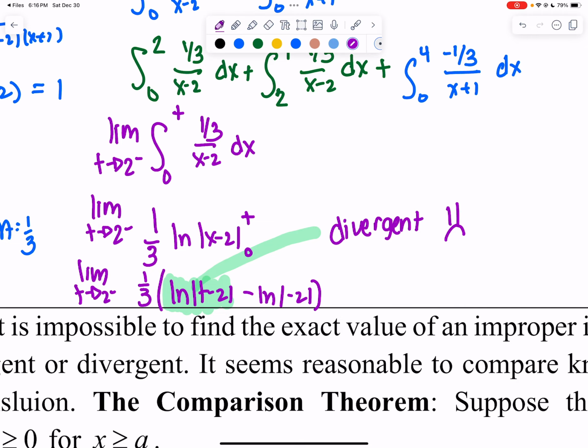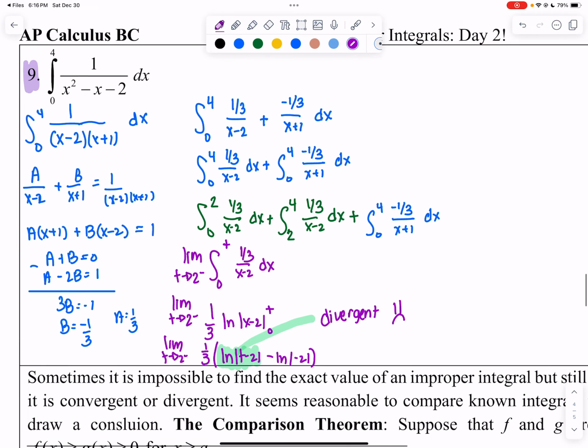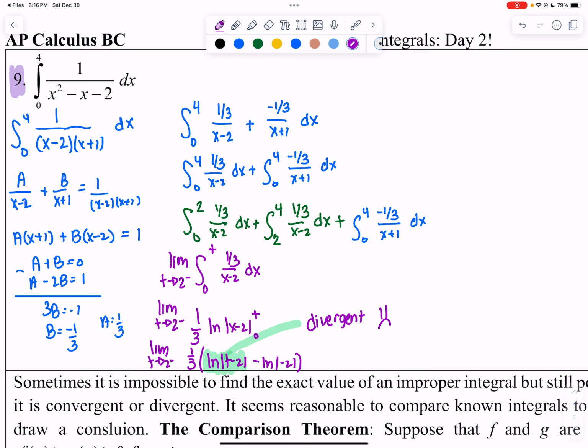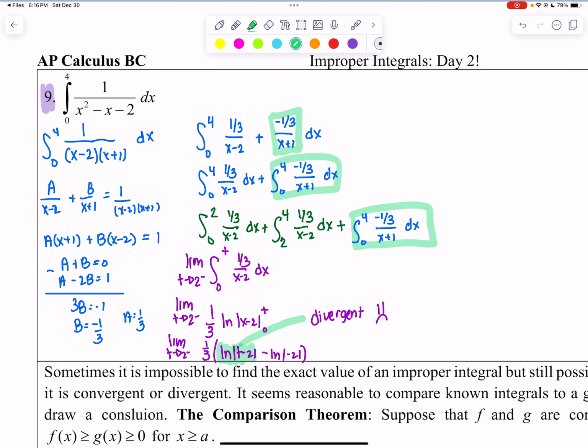We cry, because then everything else is divergent. So number 9 diverges. See how you want to do your improper integrals first, because if you evaluated this right here, then sucks for you. Boo.